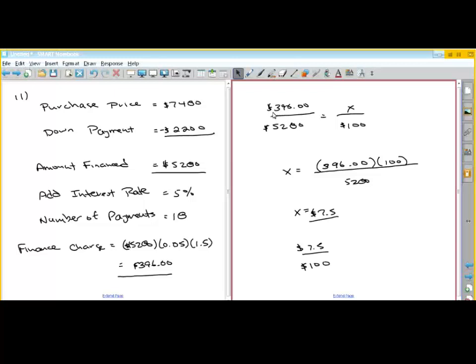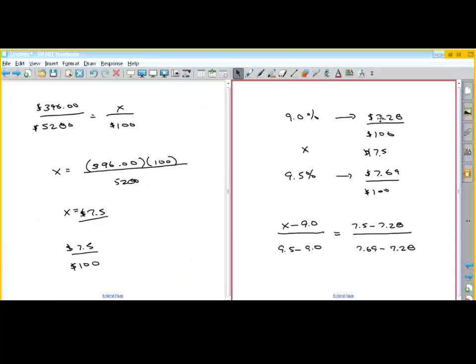So we took the finance charge divided by the amount financed, and we wanted to get that in dollars per $100 because that's the way the table works. So we said, what is X to 100 such that the proportions are the same. So you solve for X, you got $7.5 per $100. We look in the table and we see at 9% you have $7.28 per 100, and at 9.5% effective interest you have 7.69. The book just said, oh, that's close enough to 9.5.